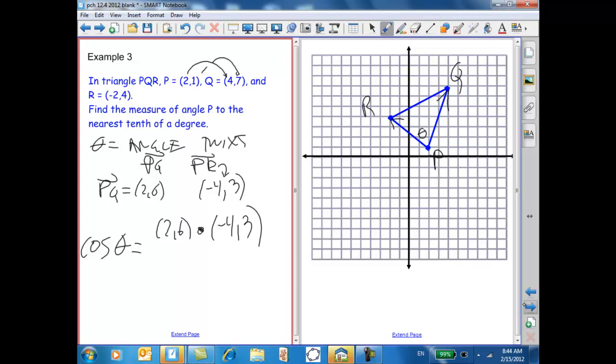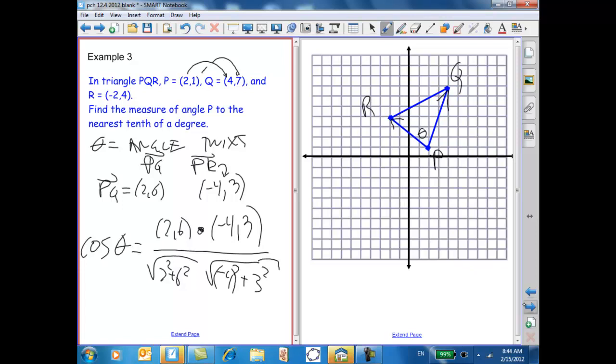But the magnitudes are important here because you have to compare the dot product with the magnitudes to get the right cosine. So you get the square root of 2 squared plus 6 squared, and the square root of -4 squared plus 3 squared.